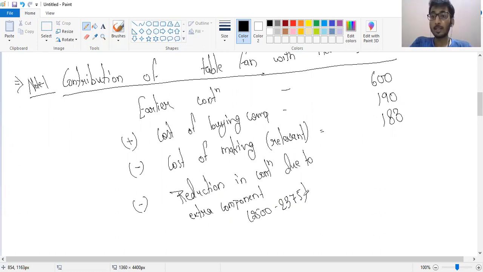When we reduce our selling price, definitely the contribution would be reduced by the same amount because it is not changing my variable cost. Other than 183 and 190, no other relevant costs are changing. So since we are reducing the selling price, its direct impact would be on our contribution. So basically by 125, my contribution would be reduced.